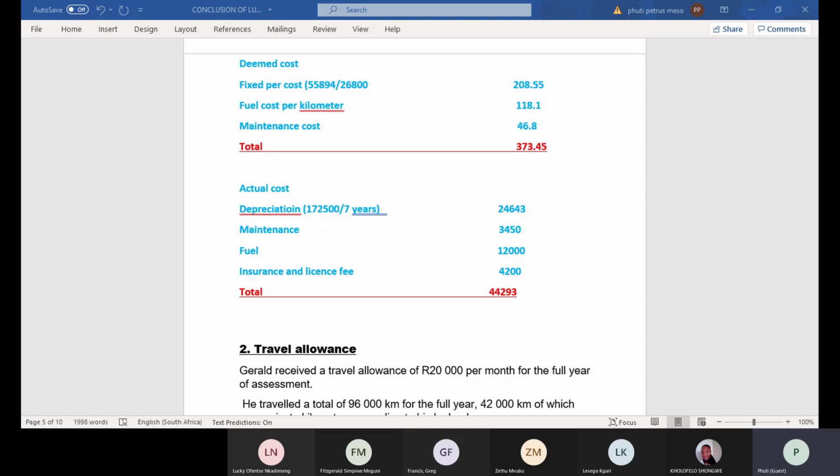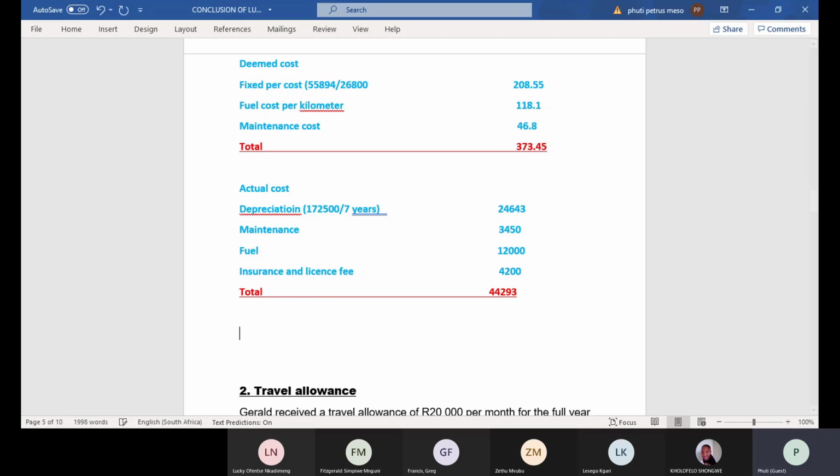Then we need to get the actual cost per kilometer. In calculating your actual cost per kilometer, you take the total, which is 44,293, and divide it by the total kilometers traveled.